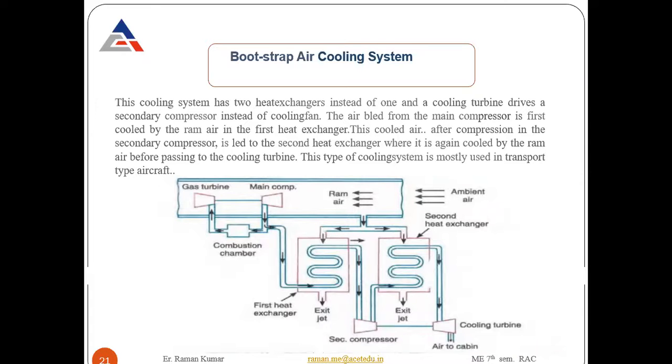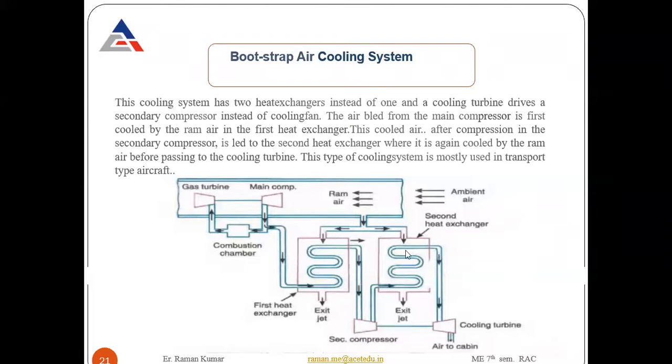When the air passes through the first heat exchanger, its pressure is reduced. At high altitude we need more pressure, so to increase that pressure we use the secondary compressor. After passing through the secondary compressor, its pressure and temperature again get increased.